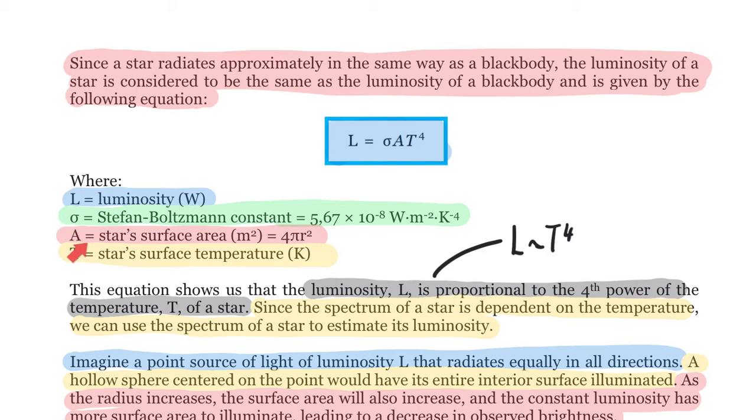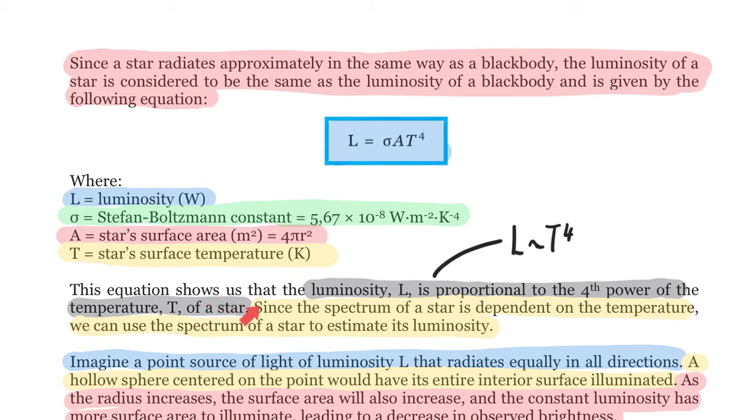The area is the star's surface area in square meters. Now, we assume that all stars are spheres, and the area of a sphere is 4 pi r squared. And capital T, as we know, is the absolute temperature on the star's surface.